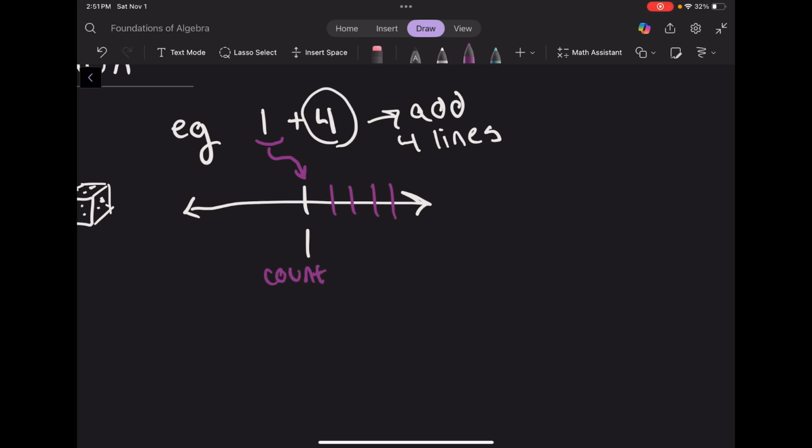But in what direction do we count? Because I can put these over here as well. But notice that we're adding here. So the rule typically follows that if we're adding, we're going to be moving to the right, or we're going to be going up.